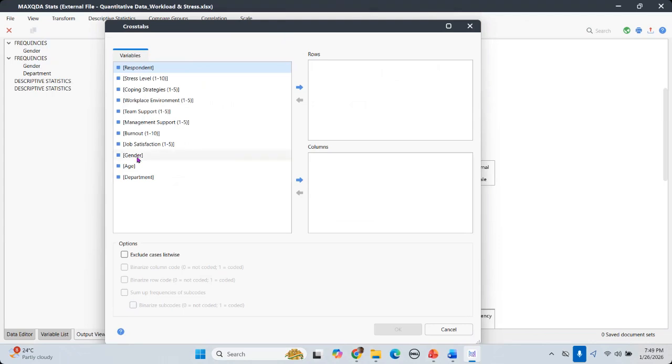For preparing the cross tabs, I need two variables. I'm choosing gender row-wise, department column-wise. You can choose randomly also. Gender, I have selected. Department, I have selected. Just click on OK.